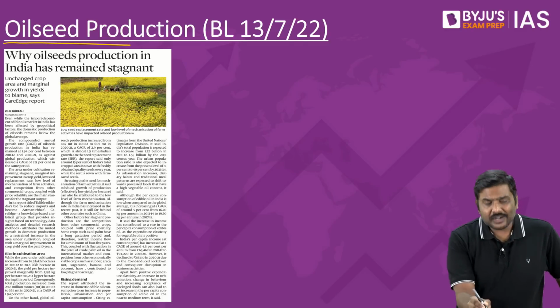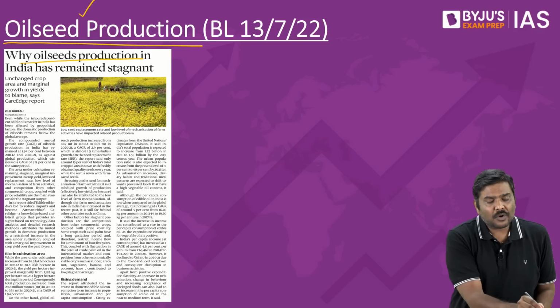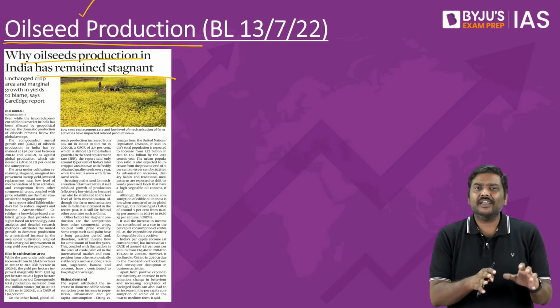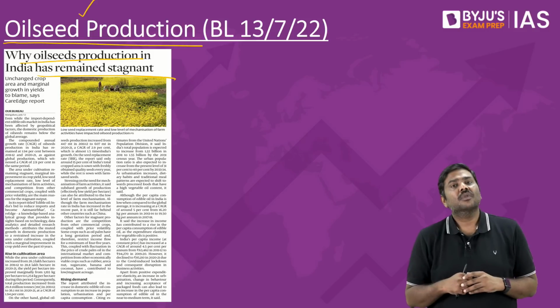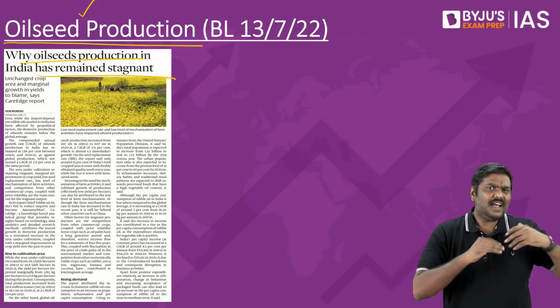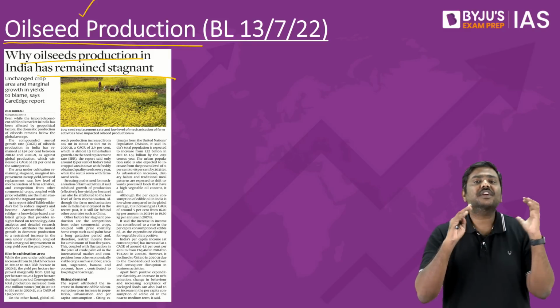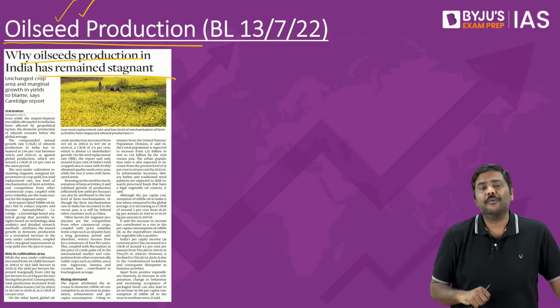Next, a very important article as far as I am concerned, related to oilseed production. The headline of the article is important, especially if you are writing, let's say, mains in the coming year. The reason is very simple. Earlier, that is in the last 1.5 years, a lot of discussion has been happening in the context of promoting oilseed production in India.